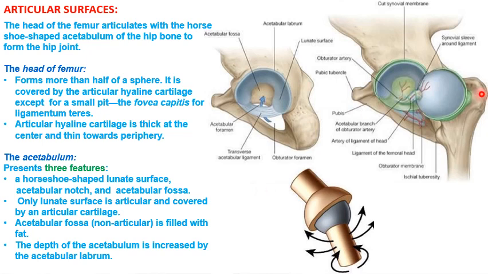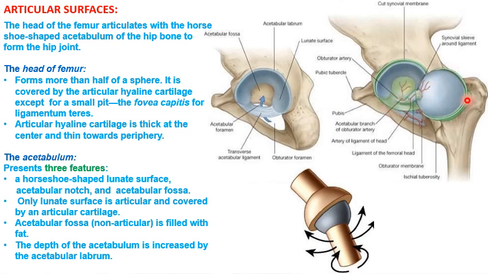This head of the femur is about 2/3 of a sphere. The head of the femur is articular except at the fovea, or a pit, you can call it the fovea capitis, where the ligamentum teres ligament is attached.